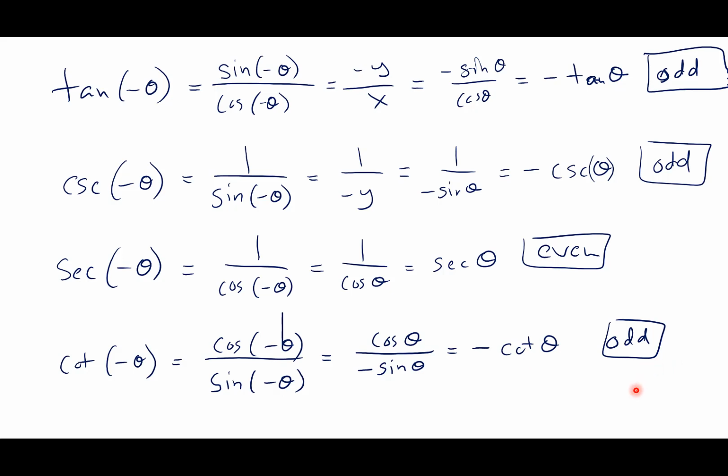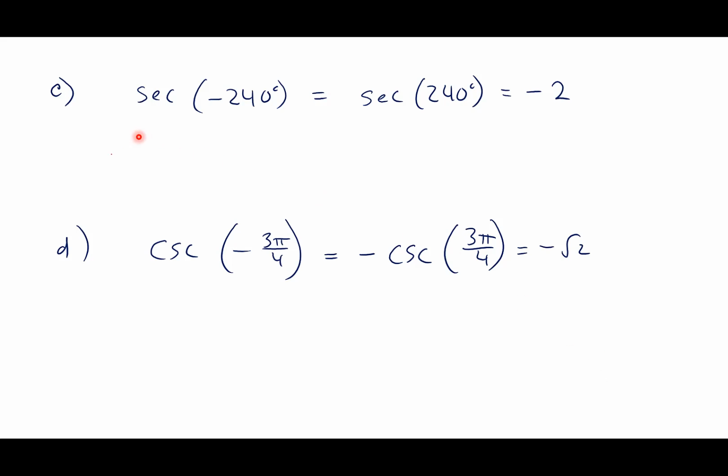Okay, let's finish off the two problems here. We did A and B, so this would be C. Secant of negative 240. If I'm doing this problem, I could drop the negative sign because it's an even function, and I just think about secant of positive 240.